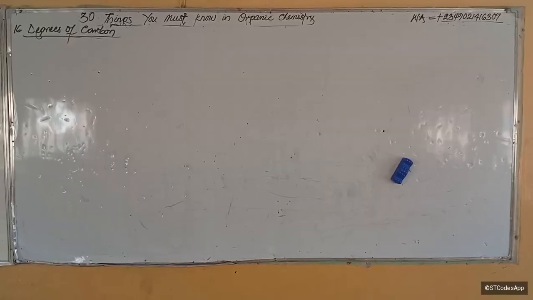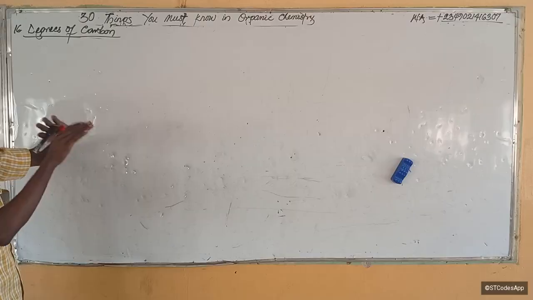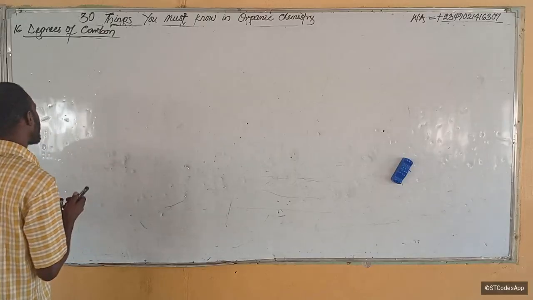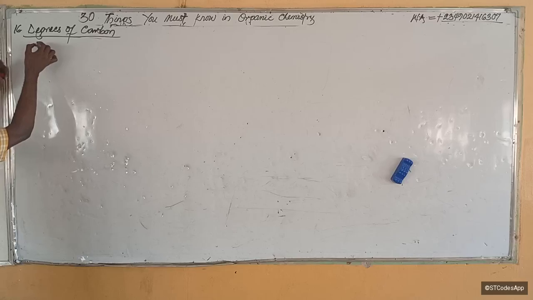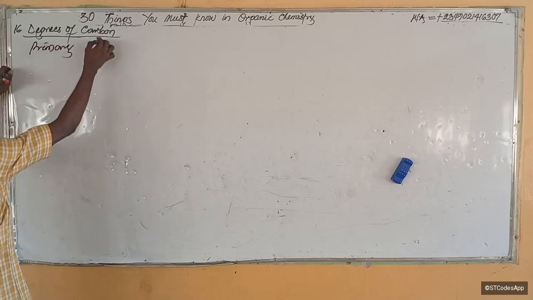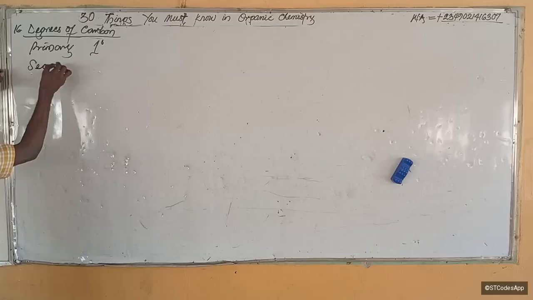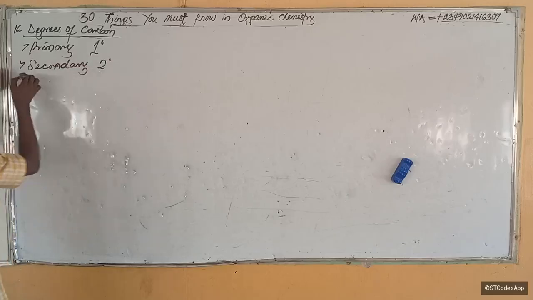All right, now let's talk about the degrees of carbon. Yes, and we are at number 16 because I've talked about many things that overlap each other. Do you understand? So that's why we have gotten to number 16. Now, degrees of carbon. There are 4 degrees of carbon. We have the primary carbon, we use 1 degree for that. Then we have the secondary carbon, of course. 2 degrees.